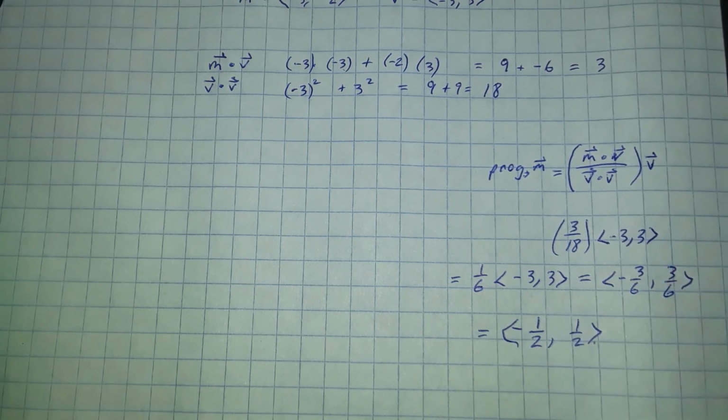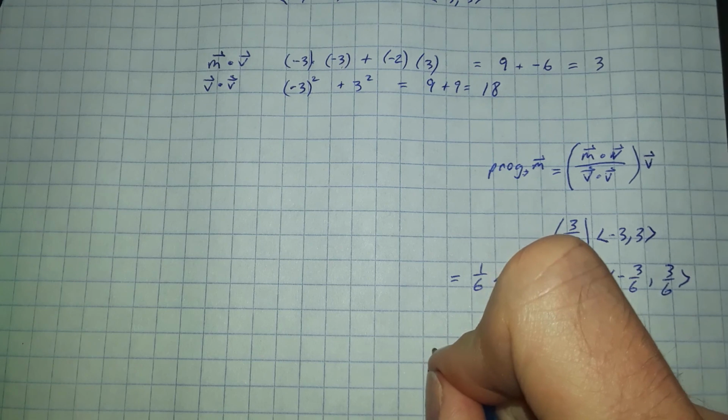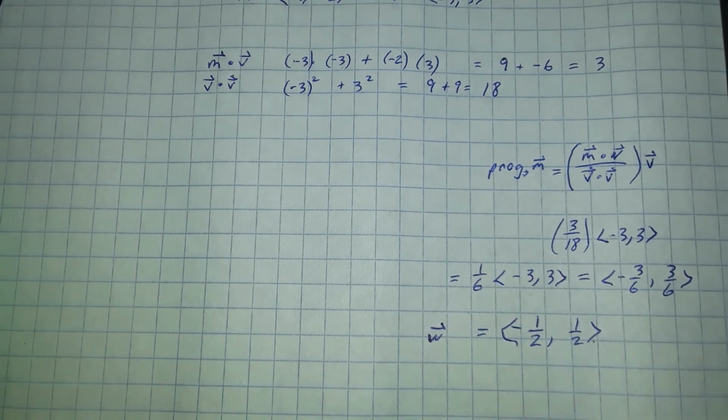So we have the vector in component form of negative half, half. And you can assign a new vector name to this. So perhaps you want to label this one vector W. This is our vector that we get when we project vector m onto vector v.